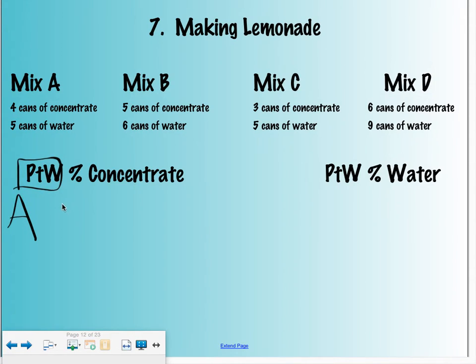So for A, let's say 4 concentrate over 9 total. And when you do that, you get about 44.44%. And that would mean that A, that lemonade, is 44.44% concentrate.